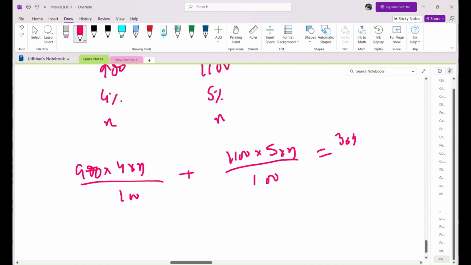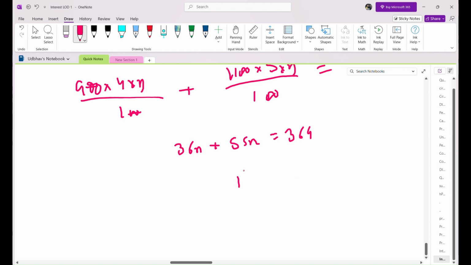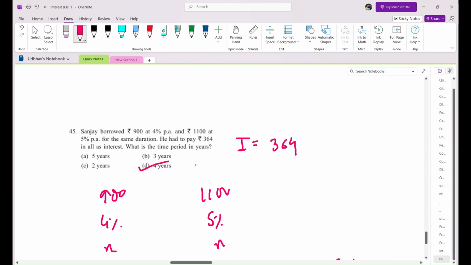We can cancel these, and we'll get 36n plus 55n equals 364. 36 plus 55 is 91n. 91n equals 364, so n equals 4 years.